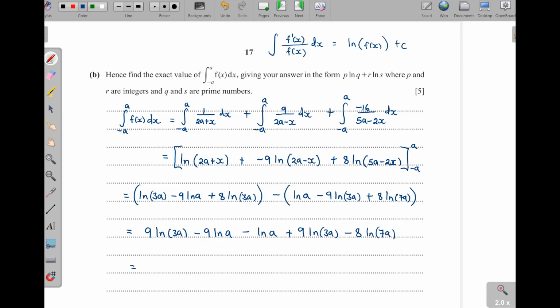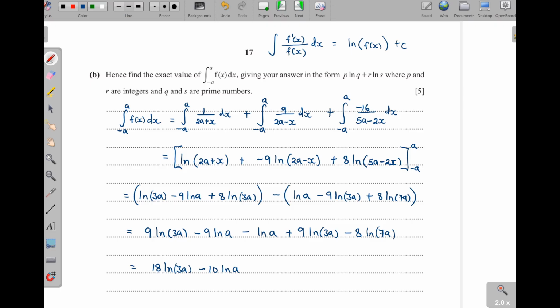We have 3a. You see this one here, and also this one here. So 9 plus 9, do you get 18? So that is 18, natural log of 3a. Not so? Then this is minus 9, then minus 1. That will be minus 10. Then natural log of what? Of a.